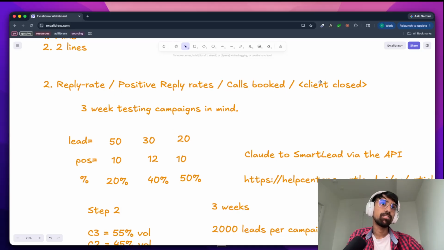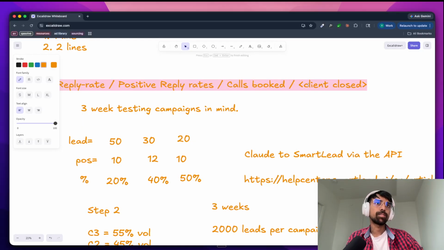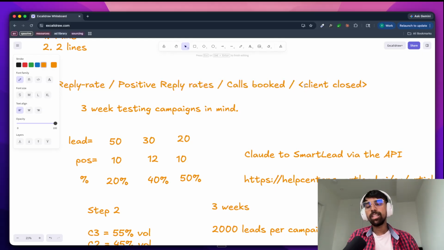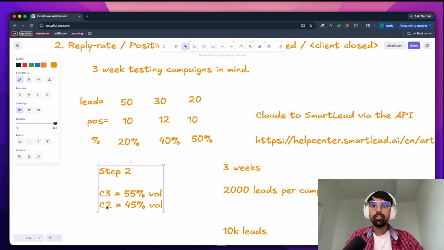Obviously, if you're running this experiment over a couple of months instead of 2 or 3 weeks, you can have a client close metric as well. And the client close metric is probably the best metric to track, because it literally gives you an idea that, okay, I closed 3 clients from campaign number C2. So regardless of what the data is saying here, I will keep trying to have more volume on C2 than on C3.